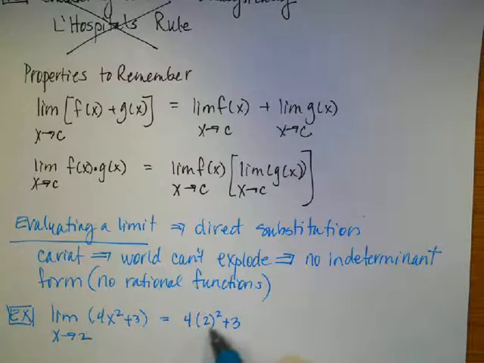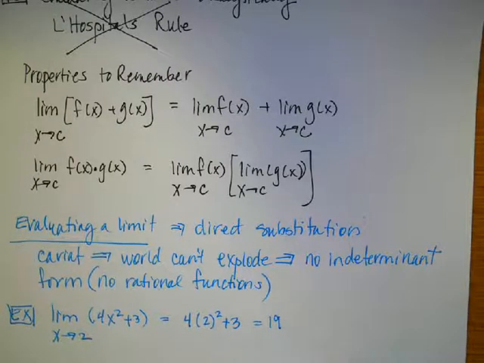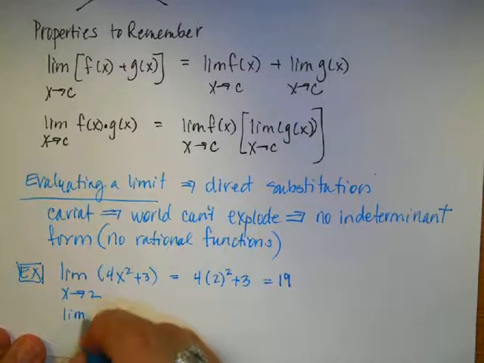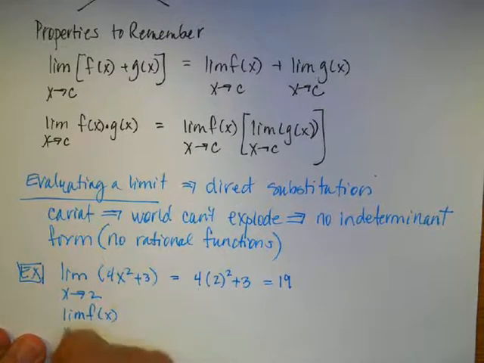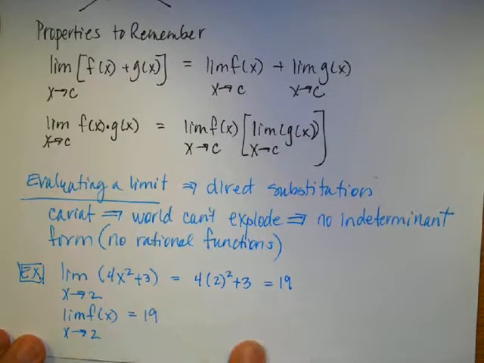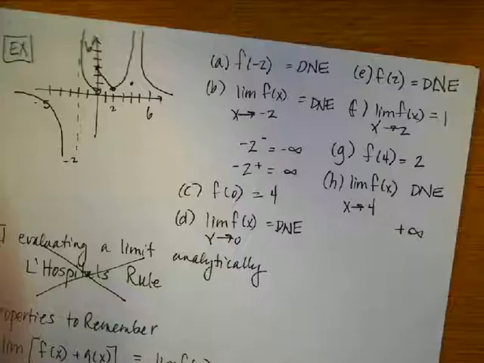Remember, we have to always be very careful with our notation and writing our solutions at the bottom of our work to make sure that our readers can understand what we're doing, and there is the limit of that particular function.